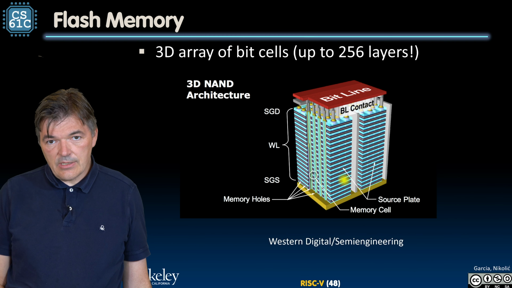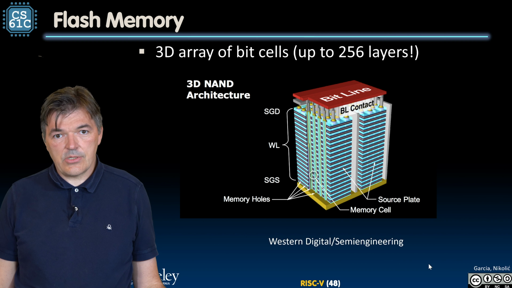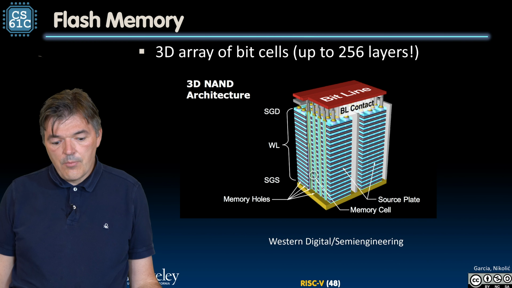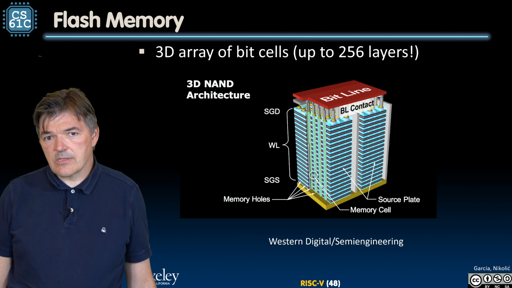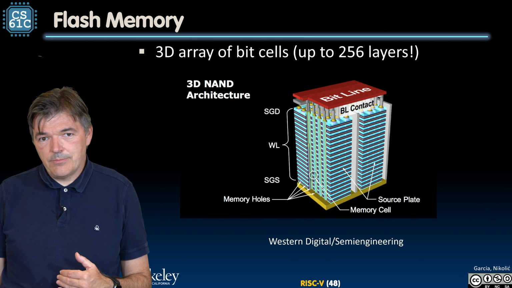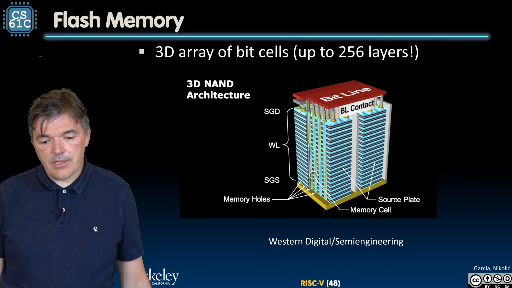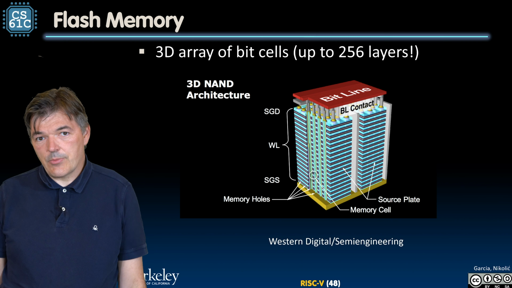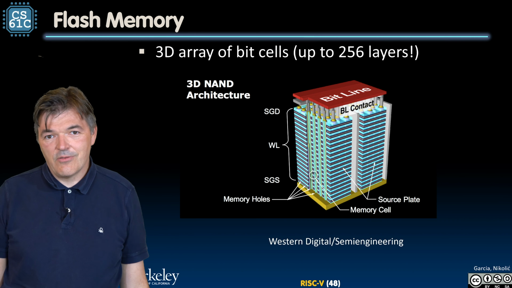There is an array of cells in each layer, and then they stack layers on top of them. I think current production is 128 layers, but I think 256 layers are coming in now. So that basically extends the technology scaling. So flash memory is going to continue going in the third dimension for years to come.